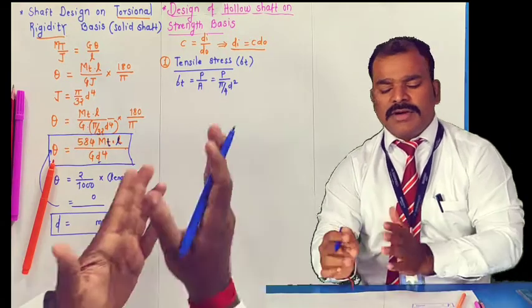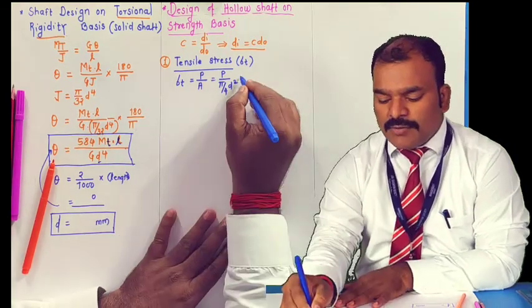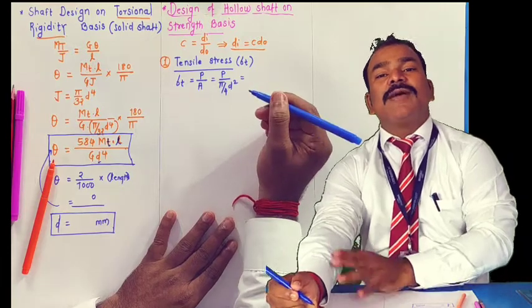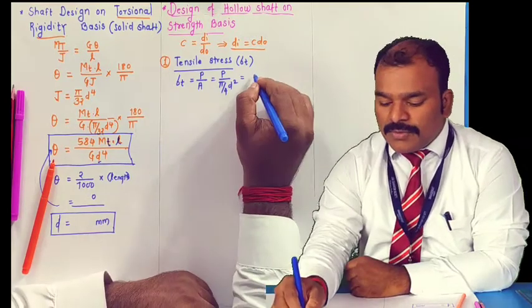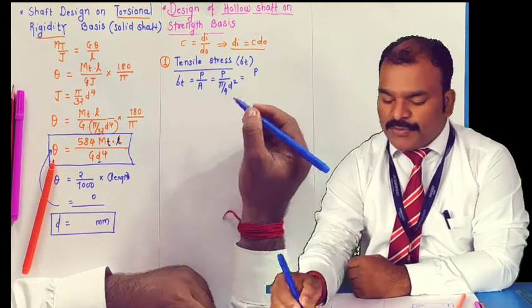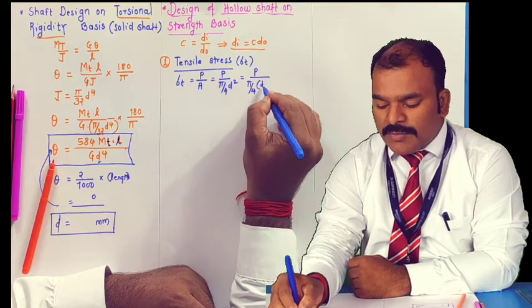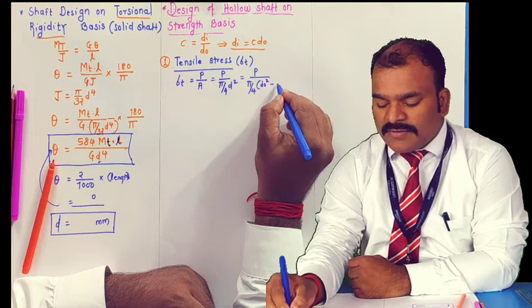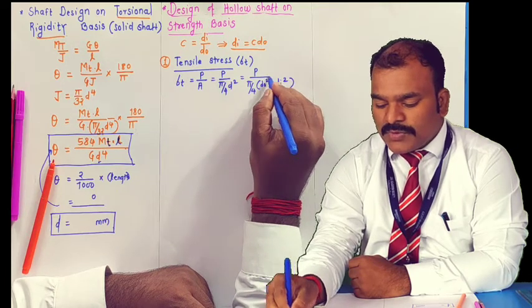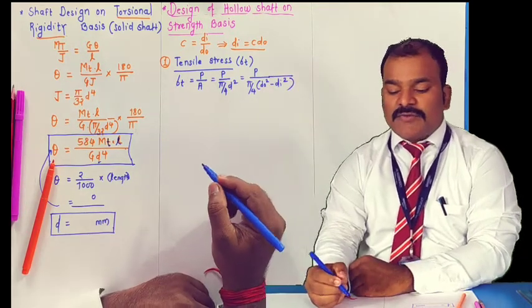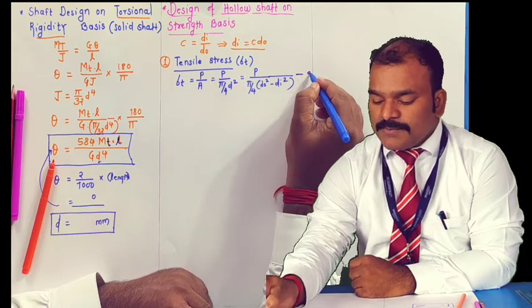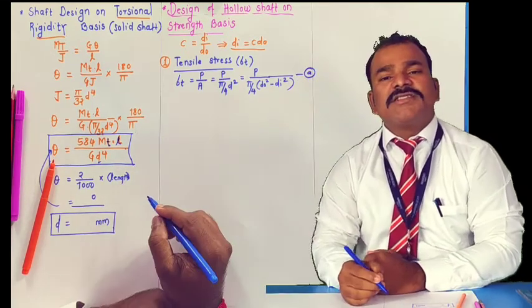Now I will write it in terms of outer and inner diameter. As we know, the outer diameter is always bigger. So P by area, that is pi by 4 into outer diameter square minus inner diameter square.